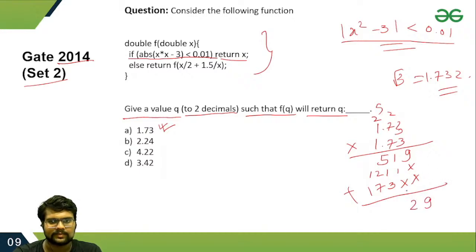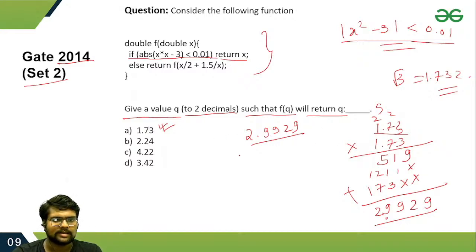So 5 plus 3, then we have 2 plus 9 plus 7, that is 9. And then we have 1 plus 1, that is 2. There are 2 decimals here and 2 decimals, so it will be 6 decimal places. So our result would be 2.9929. This is the value when we multiply 1.73 into 1.73.